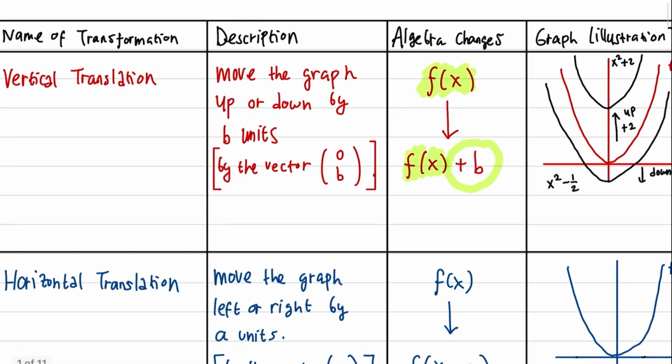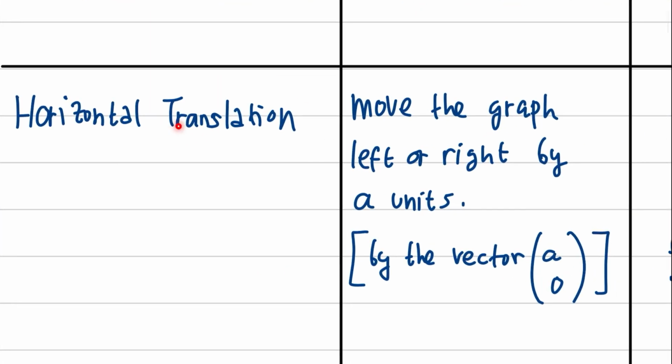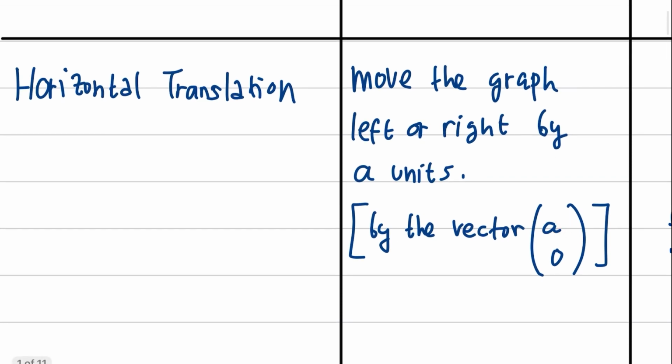The second one, we have horizontal translation. Translation means we move the graph horizontally to the left or to the right by a units. We can say by the vector (a, 0), means that we move the graph by a units horizontally, but we don't do the vertical translation.